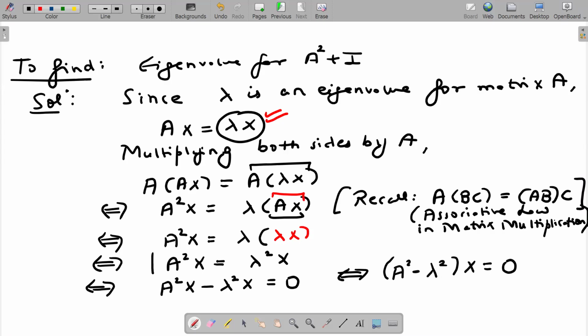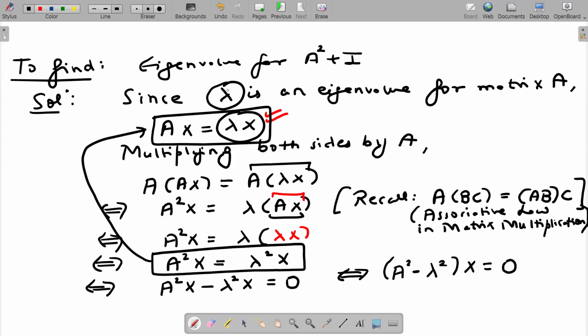Or even from this equation, students can compare this equation with this equation. If lambda is an eigenvalue, AX is equal to lambda X. Now we need to find the eigenvalue for A square. I got A square X equal to lambda square X. So from this, I can say that lambda square is an eigenvalue for A square.